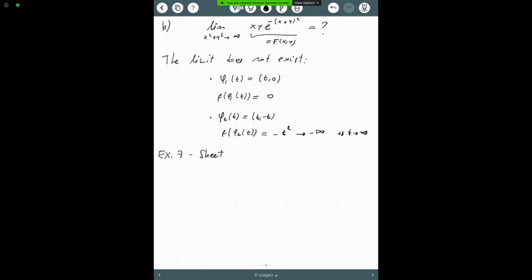So we have now a function which is defined by cases: xy divided by x squared plus the modulus of y, if xy is not equal to 0, and 0 if xy is equal to 0. We want to answer two questions.